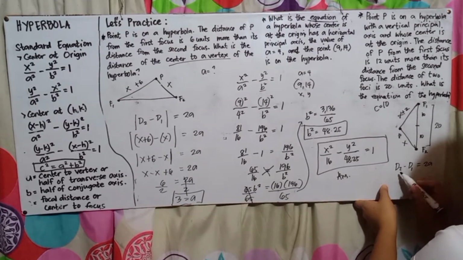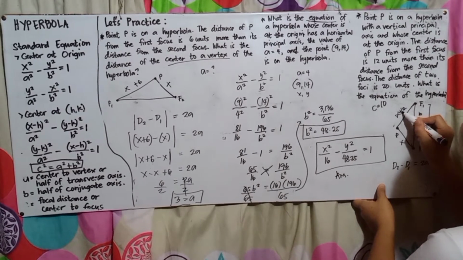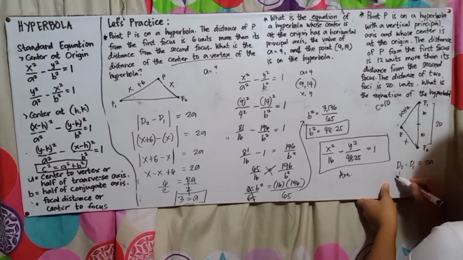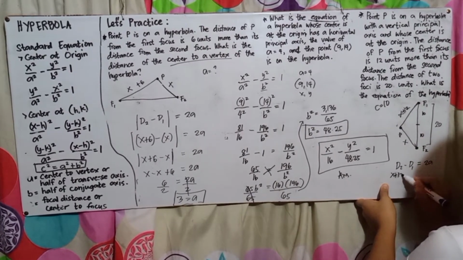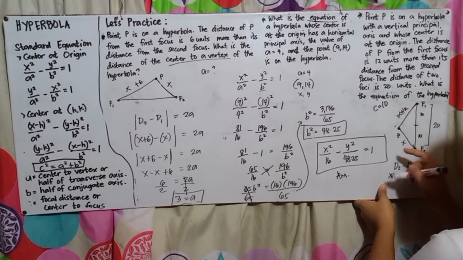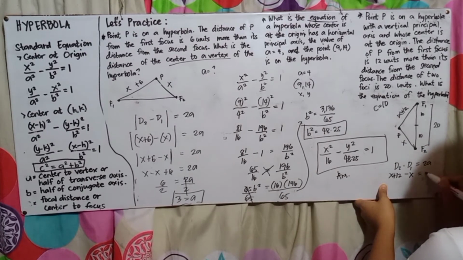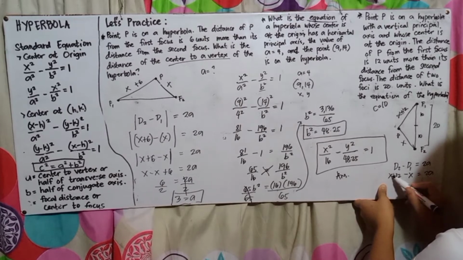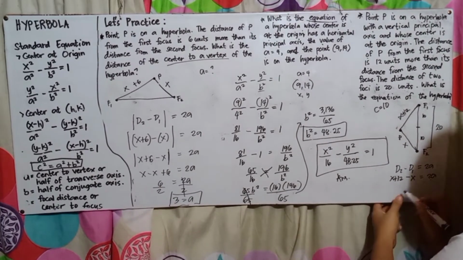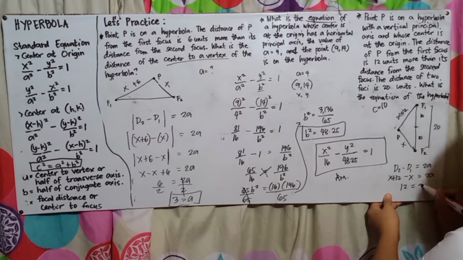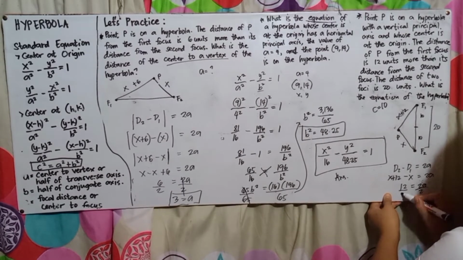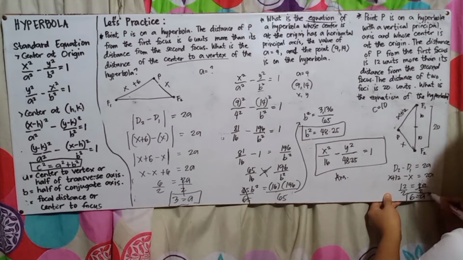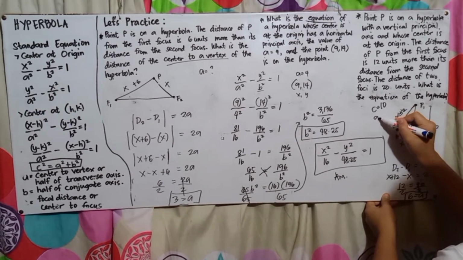So x plus 12 minus x equals 2a. The x minus x is 0, so 12 is left, over 2. So our a is 6.